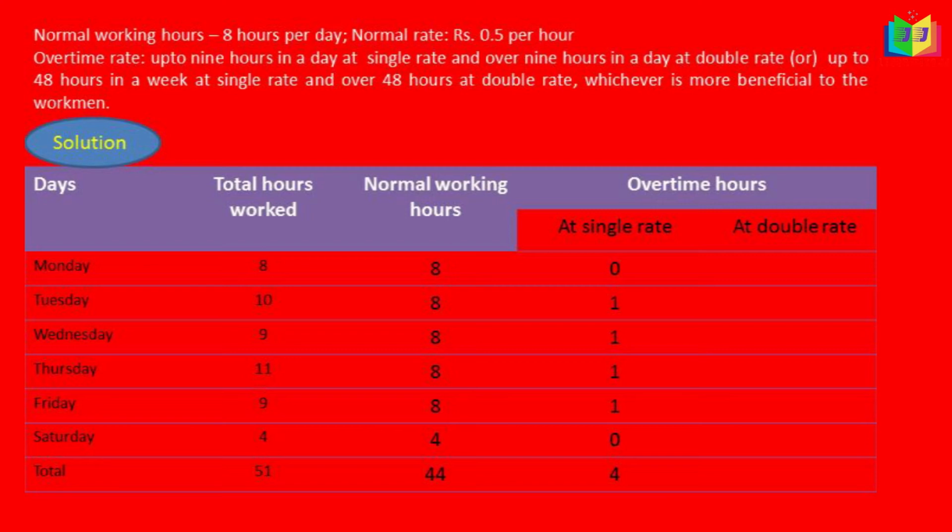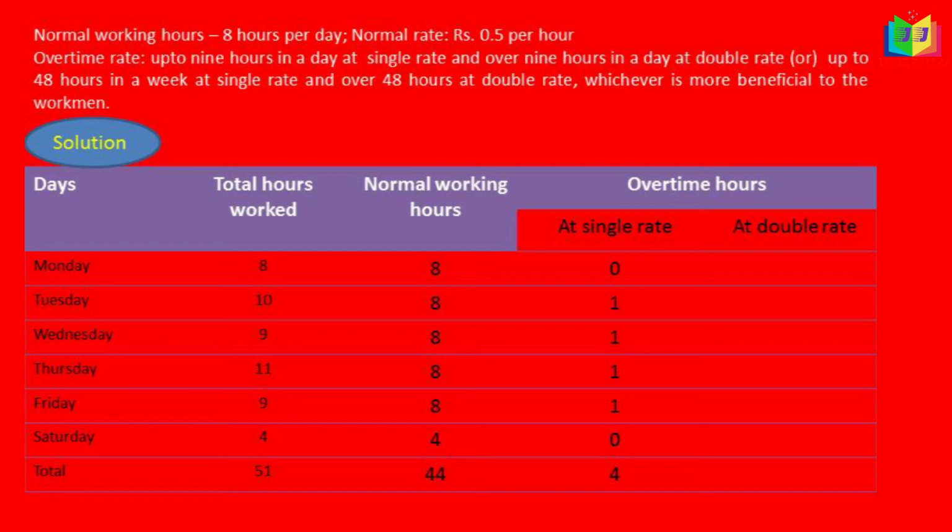For the single rate overtime hours, up to 9 hours it is single rate, and after 9 hours it is double the rate. First we will write the single rate overtime hours. Okay, here you check, normal working hours is 8, so no single rate, and for Tuesday it is 10 hours work and the normal hours is 8, so at single rate we have 1.